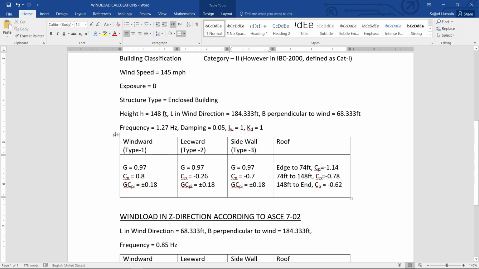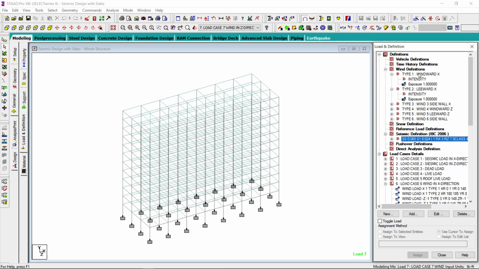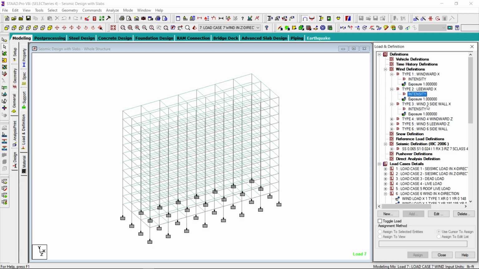So using all these parameters, I defined the intensity in X direction, the windward direction, leeward direction, and the side wall direction in X.